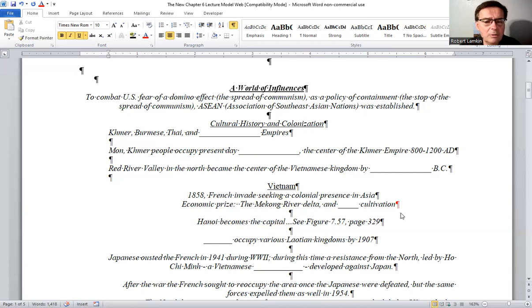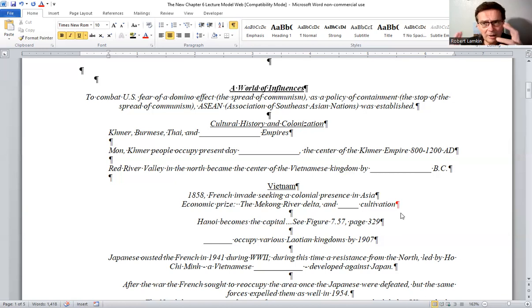Let's delve into the X-ray here of the material I want you to know. So, a world of influences, and you have a short set of notes here. To combat the U.S. fear of a domino theory, again, that's the spread of communism, was a policy of containment to stop the spread of communism.